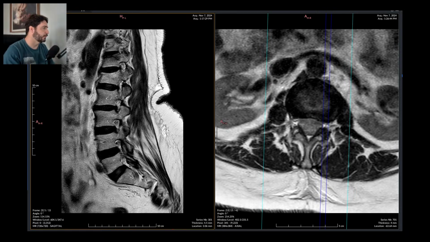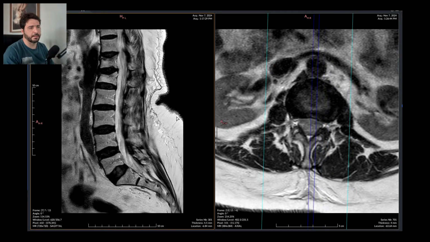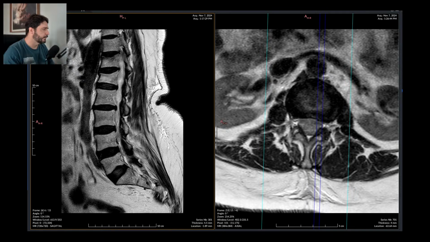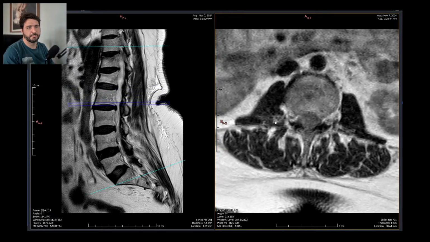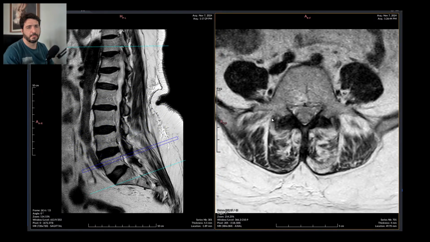Oh, small protrusions, thickening of yellow ligaments, arthrosis and synovitis of facet joints, hypertrophy, yellow ligaments, and we are done.